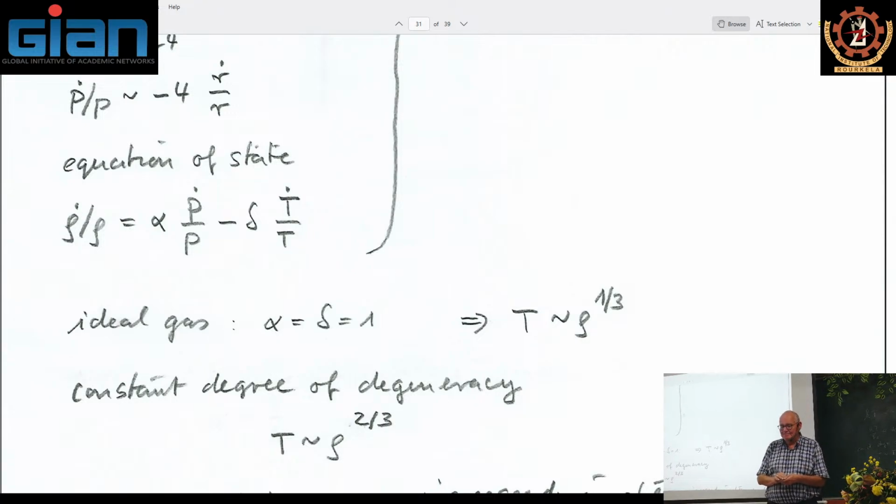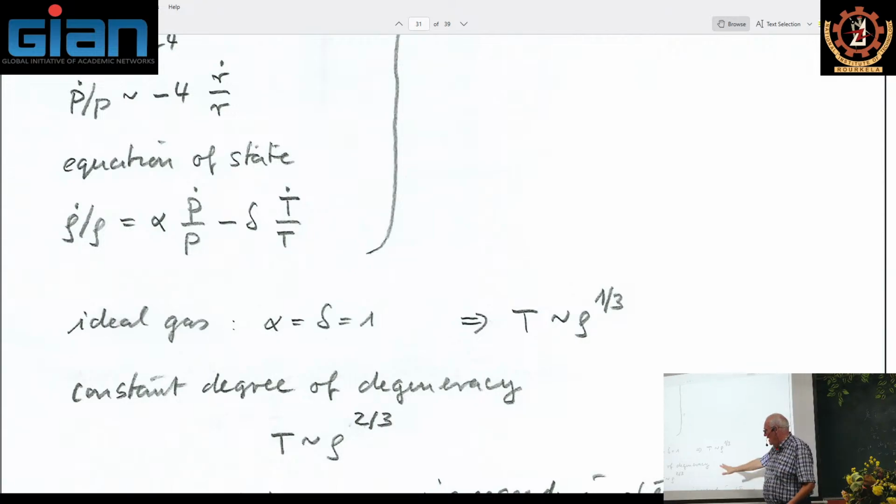What does it mean? Well, the degree of degeneracy, once we have an ideal gas and the star evolves, does not stay constant, but the degree of degeneracy increases, or the matter within the star becomes more and more degenerate. And finally, if it goes on, the final state will be a state where the equation of state will be controlled by that of a degenerate electron gas.